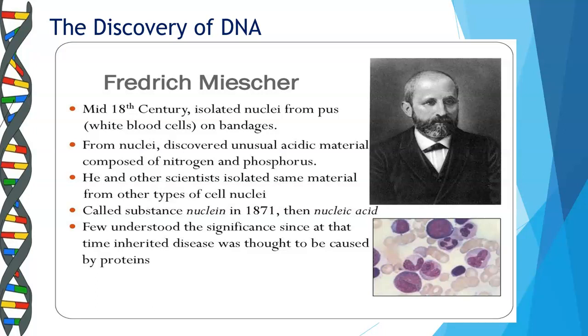So it is not surprising that most researchers initially favored proteins as the genetic material. But over a period of roughly 25 years, between 1928 and 1952, geneticists became convinced that DNA and not proteins was the genetic material. Let us study three important contributions that helped cause this shift of opinion.